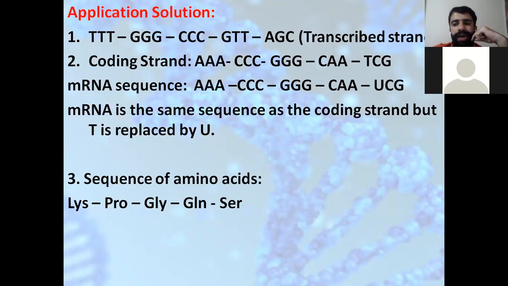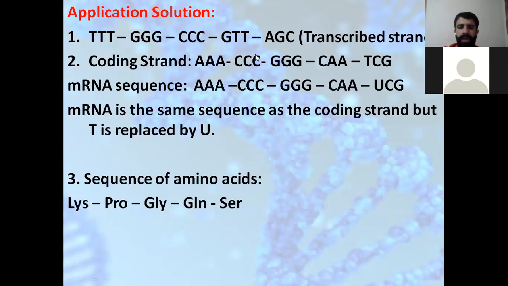Any one of you is going to ask me, for example, if you want to use the transcribed strand, the template, the non-coding, what can we do? We can do the complementary one. So here, the complementary of T is A. T, the complementary is A. G, the complementary of G is C. So C, G, CAA.